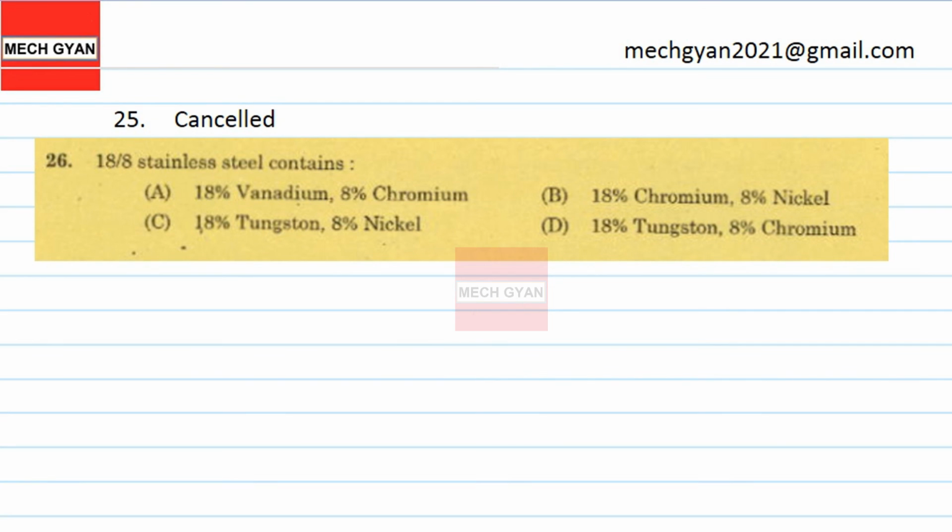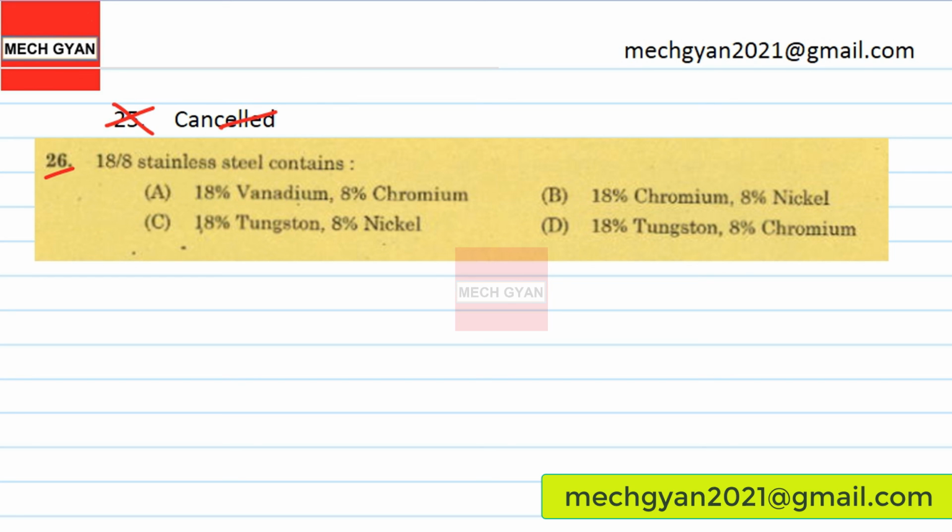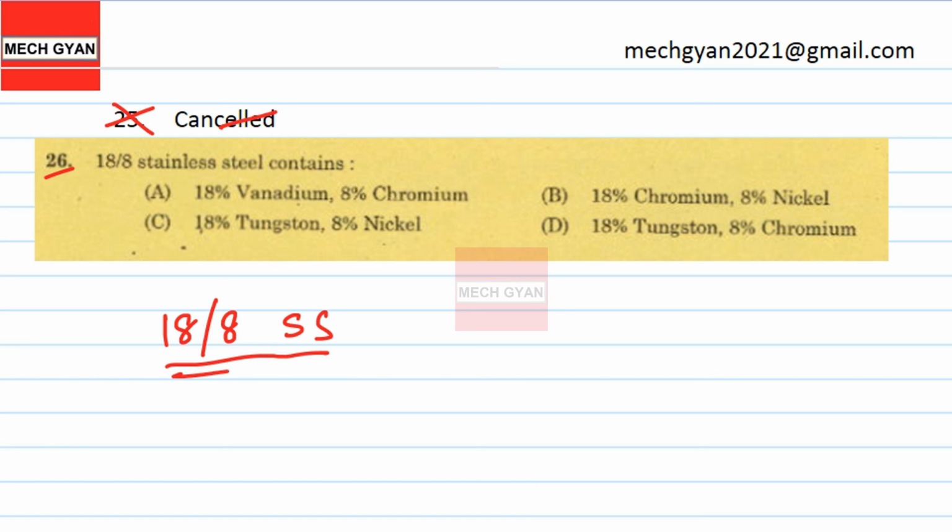Question number 25 was cancelled, so let's move on to question number 26. 18-8 stainless steel. This is a very common question asked in many competitive exams. 18-8 stainless steel consists of option B, 18% chromium and 8% nickel.